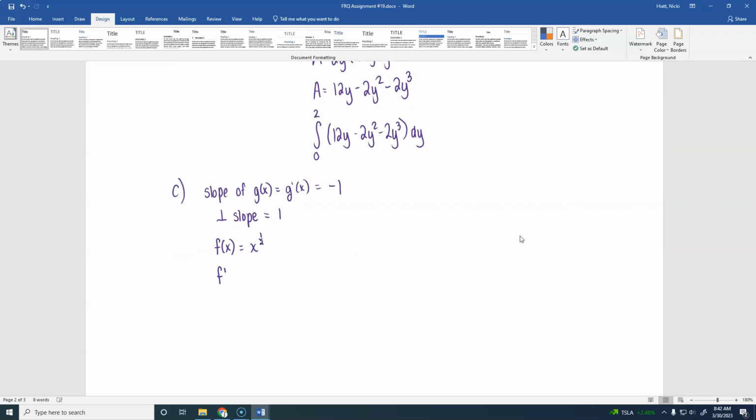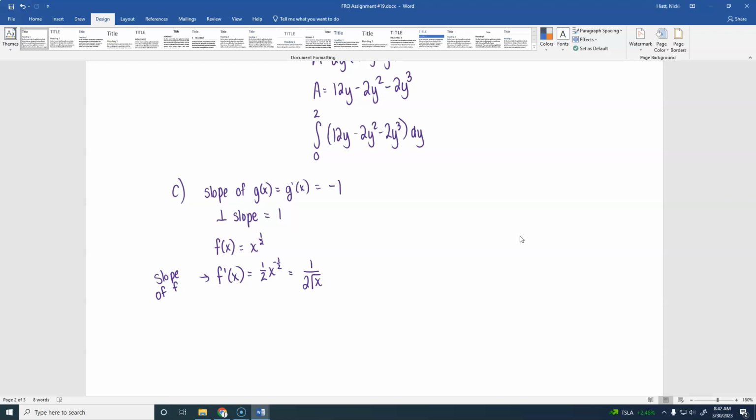So f prime of x would be 1/2 x to the negative 1/2. So this gives us the slope of f, because the derivative gives us the slope of the tangent line at any point. I'm going to write this as 1 over 2 square root of x, just to make it a little easier to deal with. Move that exponent back down to the bottom and change it to a root.